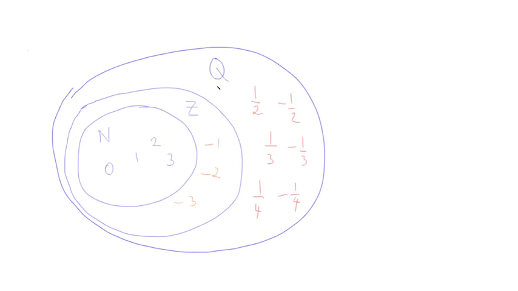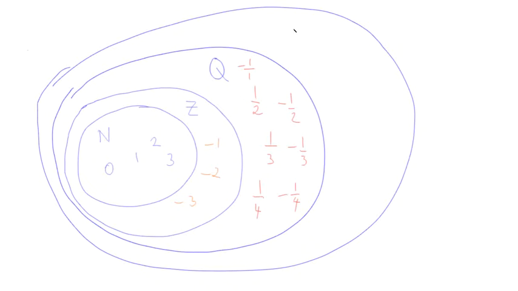We can also write here, for example, -1 divided by 1, which is the same as -1, but this set, the set Z, is a subset of Q. And then again, expanding our set family one more time, we can include all of these other sets within the bigger set R of real numbers, which also contains pi and square root of 2, for example, which cannot be written as a fraction.